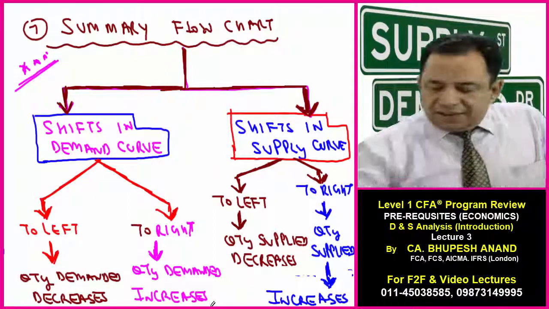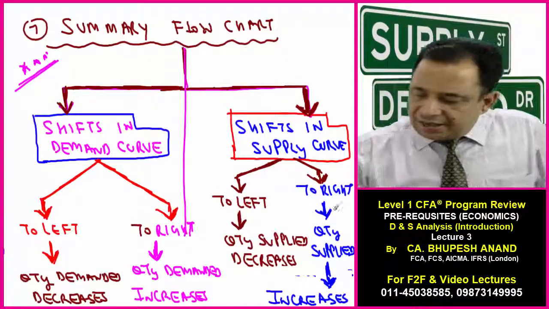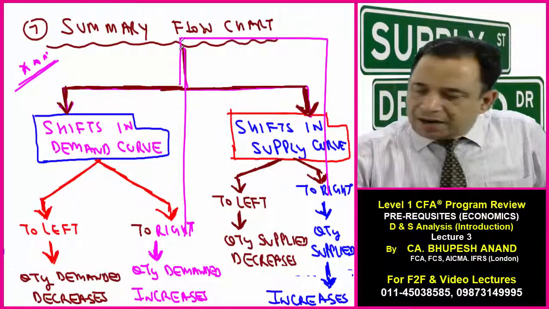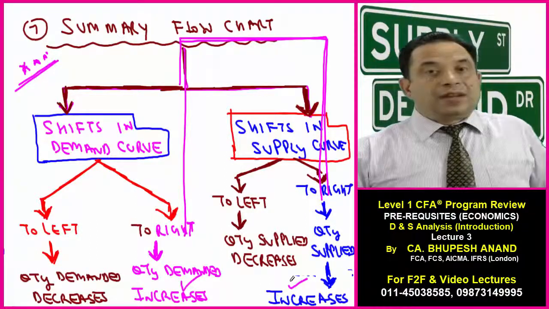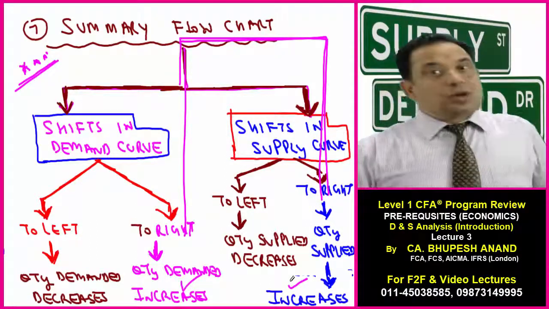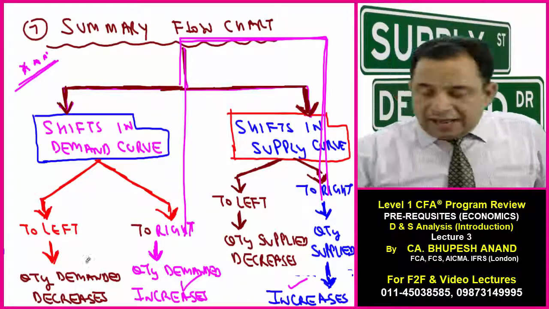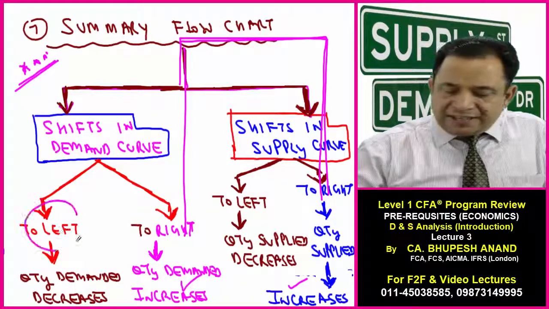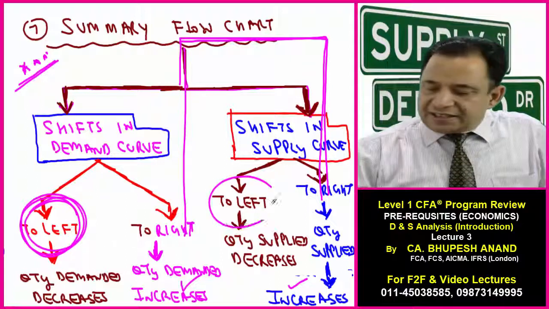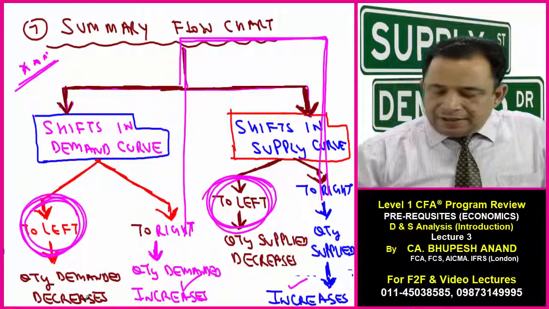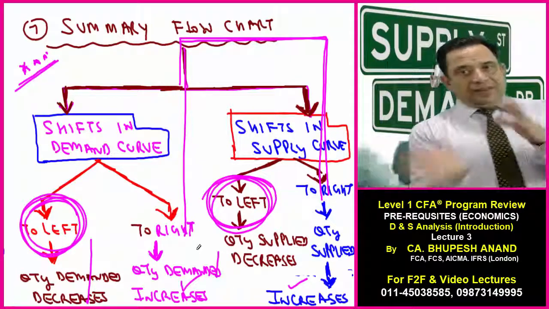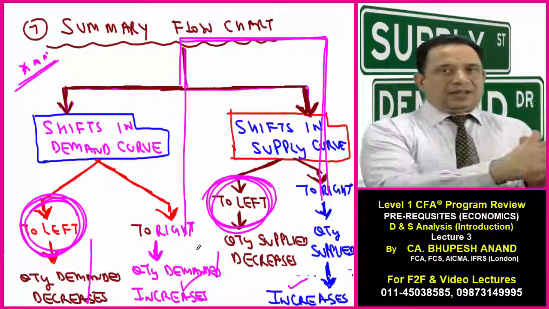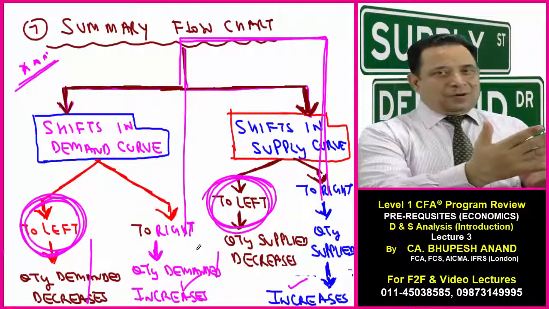So just see, if anything is moving right, either supply or demand, there will be an increase: quantity demanded will increase or quantity supplied will increase. And if we are on the left hand side, there is a decrease. If we are on a left shift, then there will be a decrease in either quantity demanded or quantity supplied.